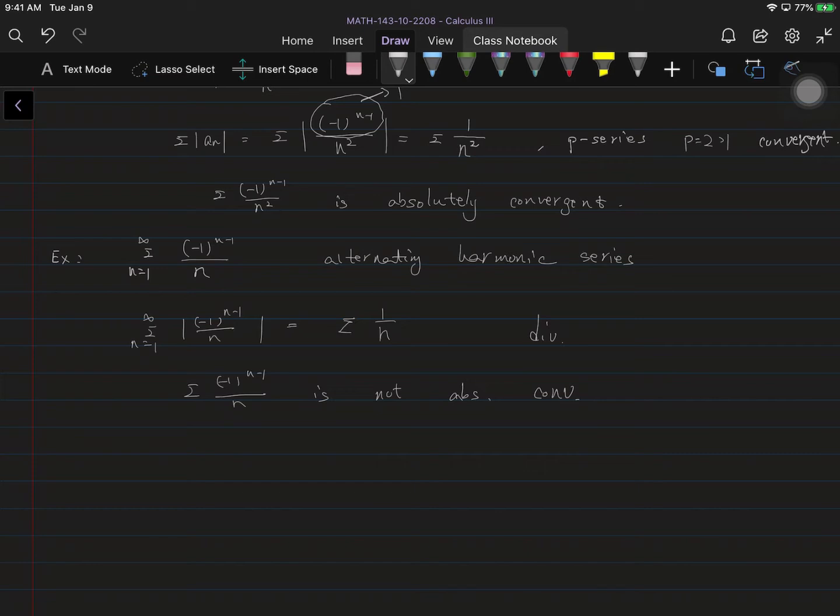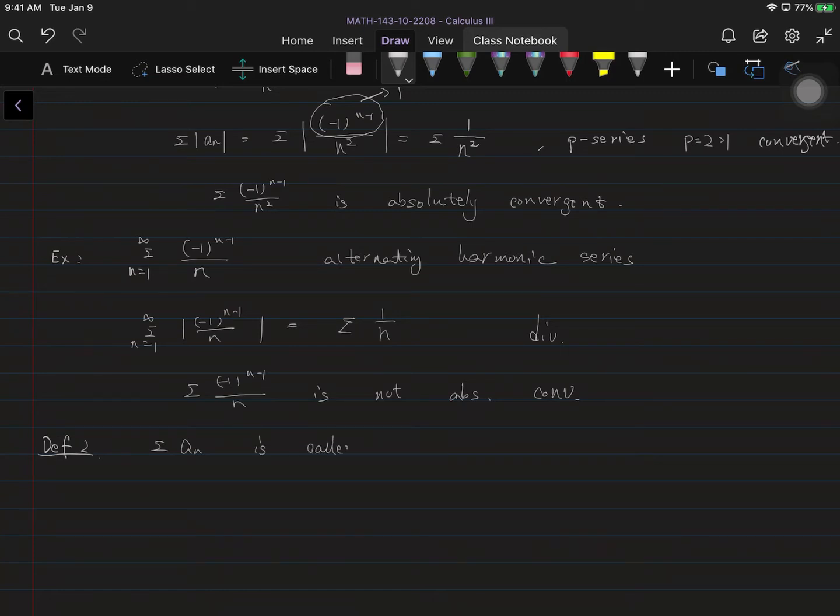But you know, for the exercise problem, we call this case conditionally convergent. So what is conditionally convergent? If the series is convergent itself, but is not absolutely convergent, we call that conditionally convergent. Let's take a look at the definition too.